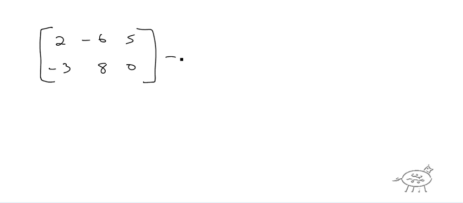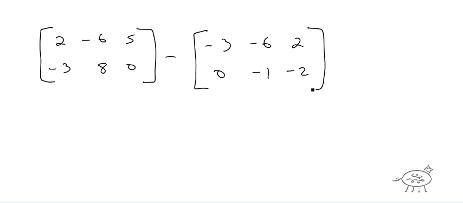We're just going to do one example with subtracting them. It's real easy. 2, -6, 5, and -3, 8, and 0. And we're going to subtract -3, -6, and 2, 0, -1, and -2.